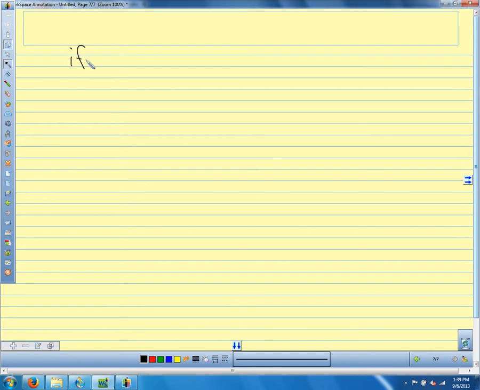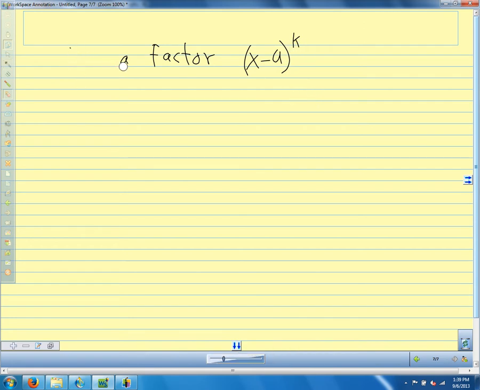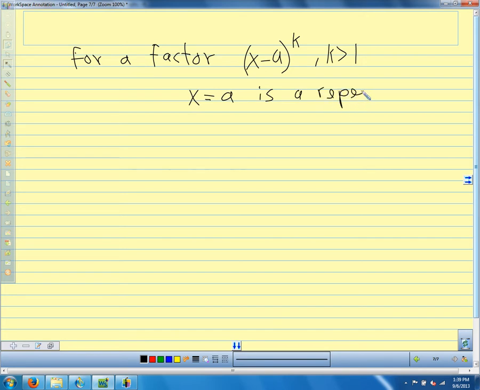So for a factor, x minus a to the k, where k is some positive number, k is greater than 1, we say that a is a repeated 0 of multiplicity k.